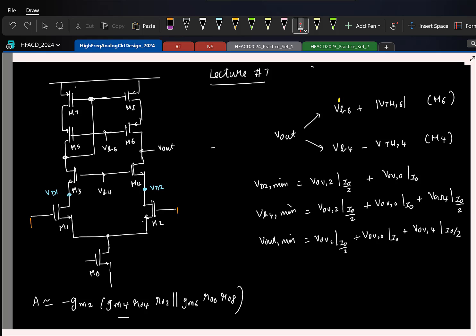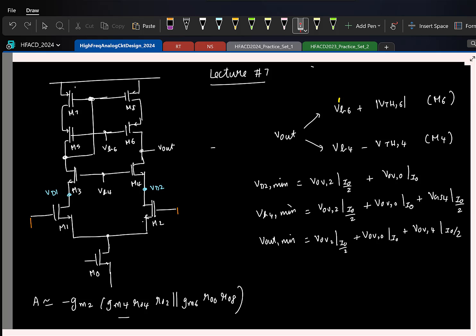Cool. Similarly, can you help me find the maximum of VB6? If I increase VB6, what can you say about this voltage? Again, source to gate is fixed because the current is fixed, so if you increase VB6, this will keep increasing. Ideally, of course, you want this to go to VDD, but you can't. What is the maximum we can have here?